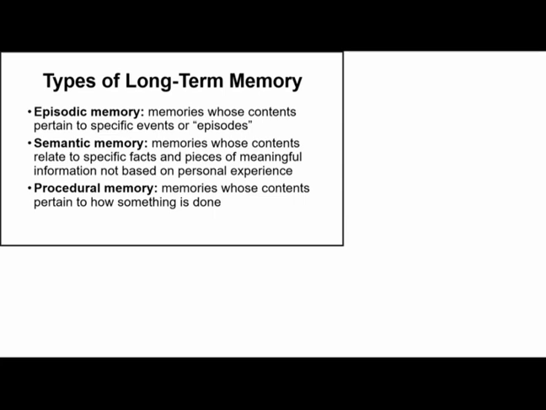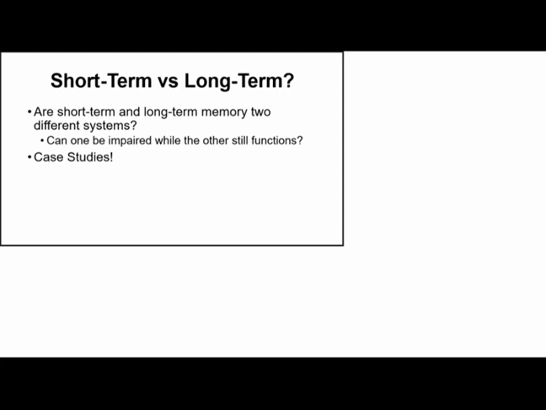Okay, so these are all types of long-term memory. Are we even sure that long-term memory and short-term memory are separate systems? And the answer is, we have evidence that can say yes or no. Most people will say that yes, short and long-term memory are distinctive. So we have our sensory memory, and we have our immediate memory, and then we have our long-term memory, and they're three separate systems. There is some evidence that short-term or immediate memory does fall under long-term memory because they're very closely related.